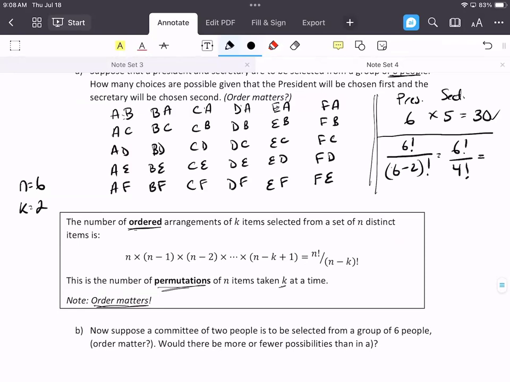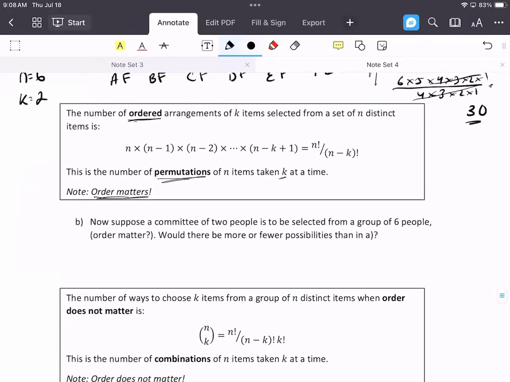I don't remember how to use it. That's okay. We could quickly just see we can do 5 times 4, 3, 2, 1, and then 4 times 3 times 2 times 1. You're going to notice all of that cancels, and we're left with 30. So even though we used 3 different methods, did we come up with the same answer each time? And the answer is yes.